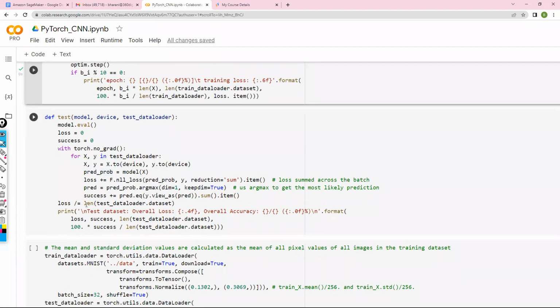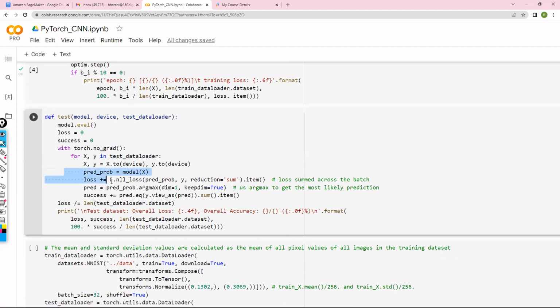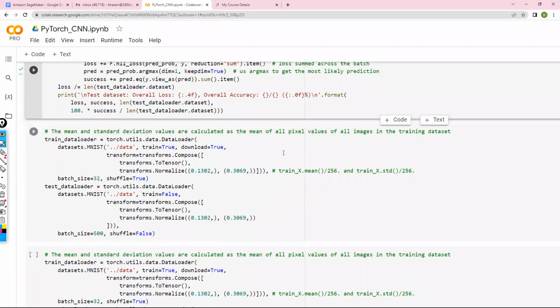The only difference is that here the loss is computed from the model prediction and the actual value, but it is not used to tune the model weights. Instead, the loss is used to compute the overall test error across the entire test batch. Let me run.